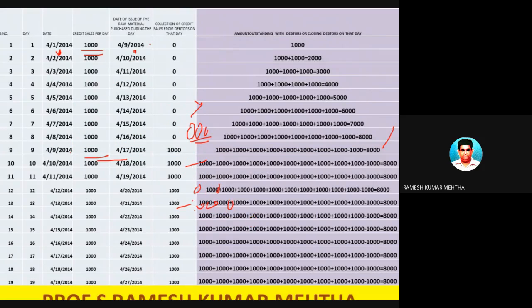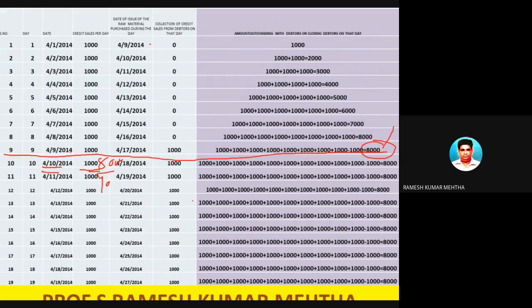Next, let's look into the subsequent trade sales. We have seen up to the ninth day. Now let's talk about the 10th day. Up to the ninth day, outstanding is 8000. On the 10th day, again I have sold another 1000. So 1000 plus 8000 outstanding is 9000.